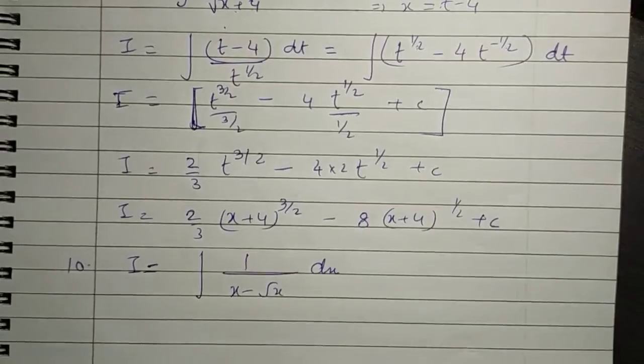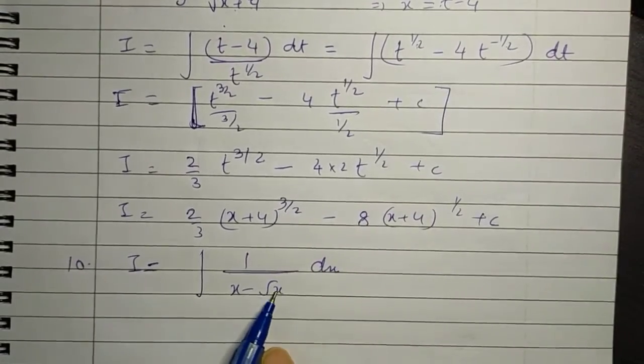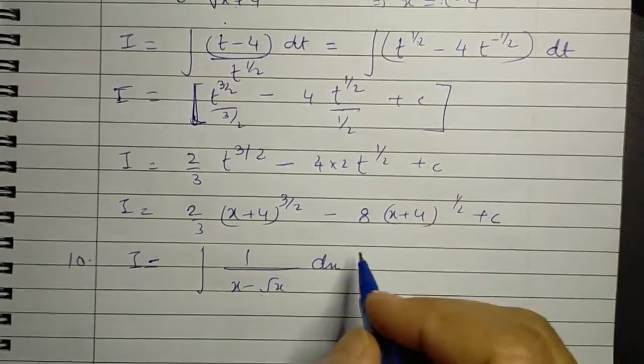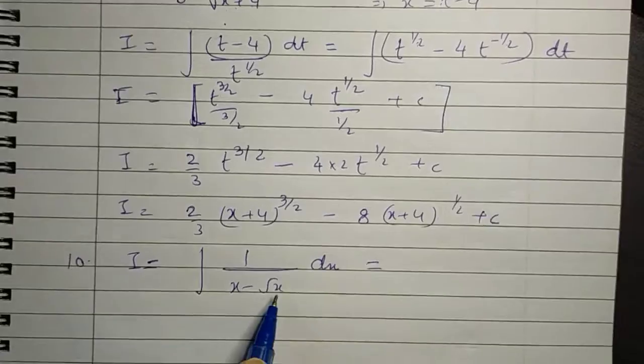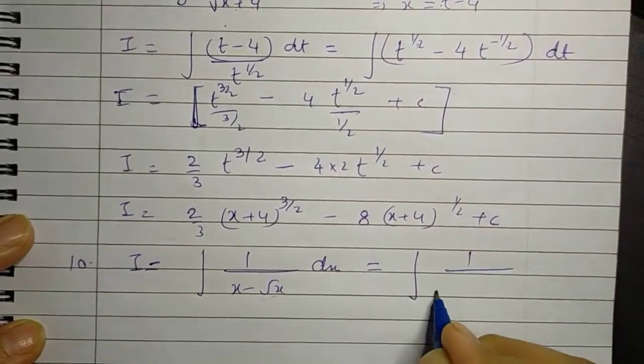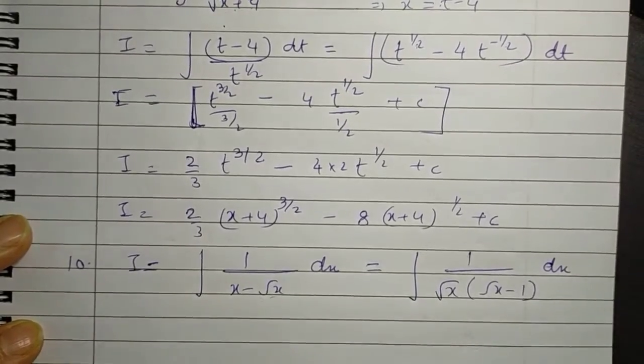We can't split this denominator, so let's try to take something common if it's possible. Very clearly you can take root x as common. You will be getting it as root x times (root x minus 1) dx.